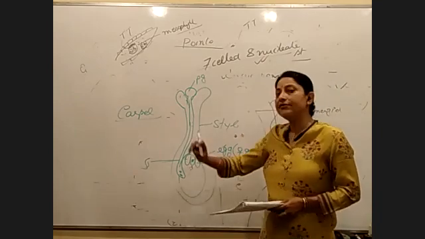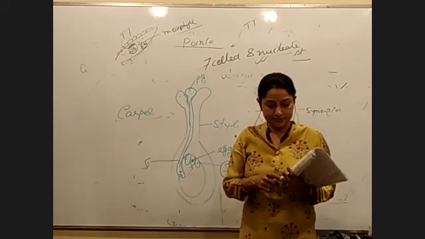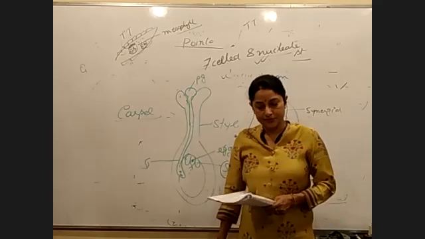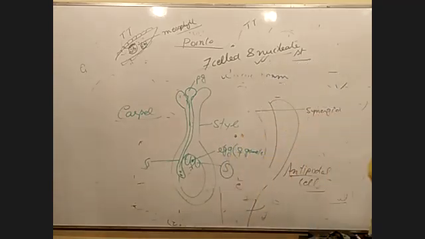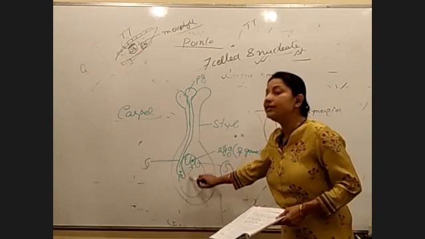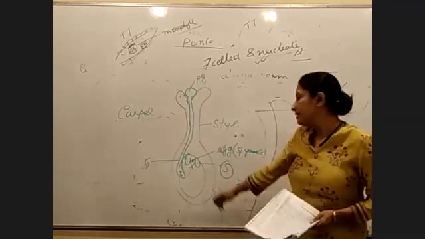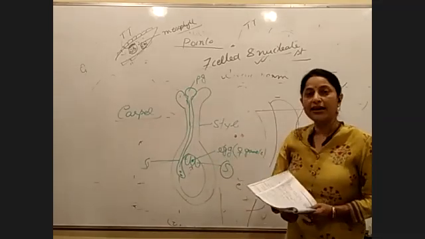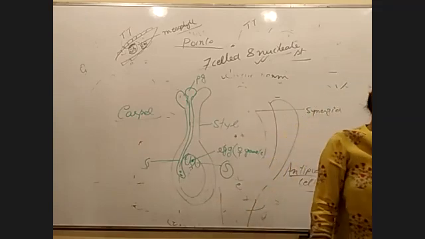And this egg remains surrounded by two cells that are called synergids. And the function is that it attracts the pollen tube. Why does it need to attract? Because the gametes need to fuse with it. It shows which way to go. How does it show the way? By chemical secretion. The synergid secretes some chemicals, and because of those chemicals the pollen tube is attracted and it will reach its destination.